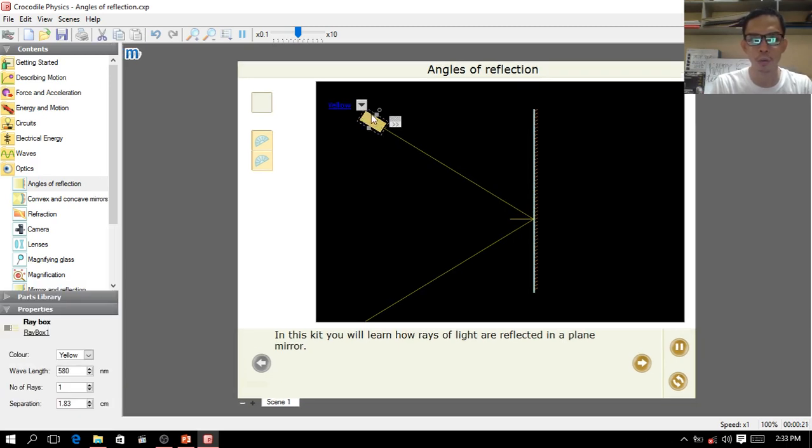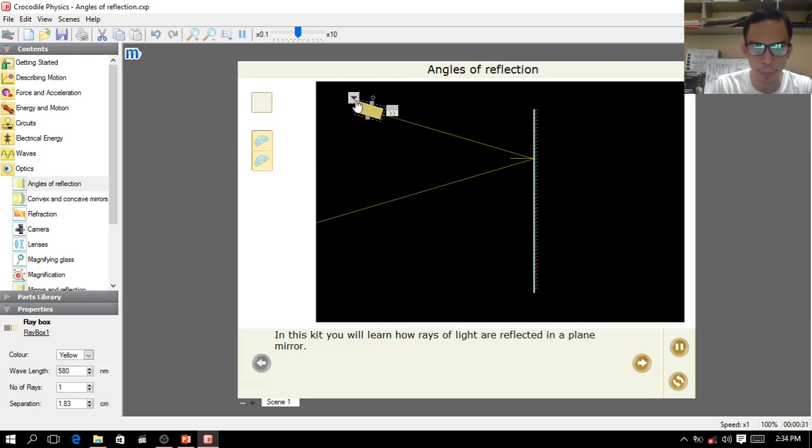What we will do here is shift down the light that we have right here. Let's use some sort of green light, or red light. It's hard to see. Alright, yellow light. Now let's see if the law of reflection works here on the simulator.